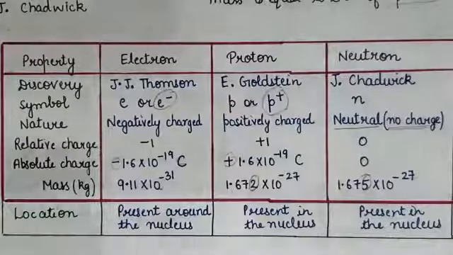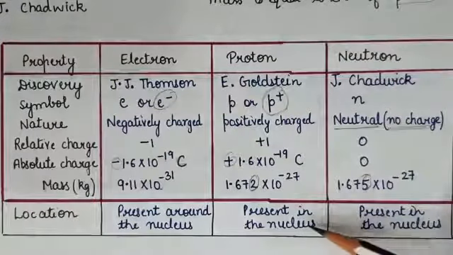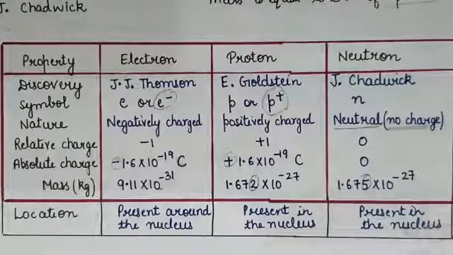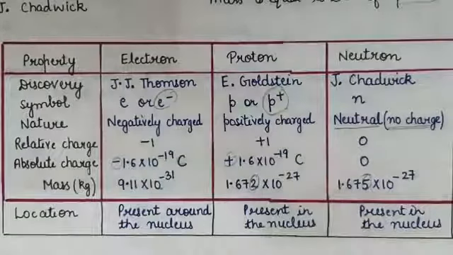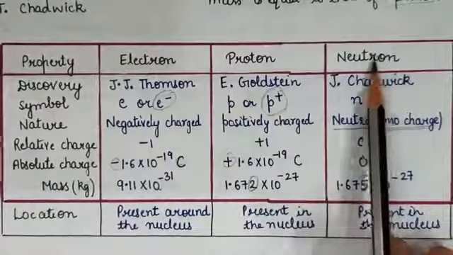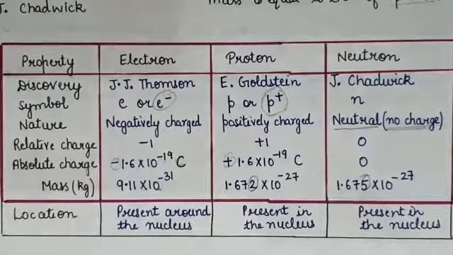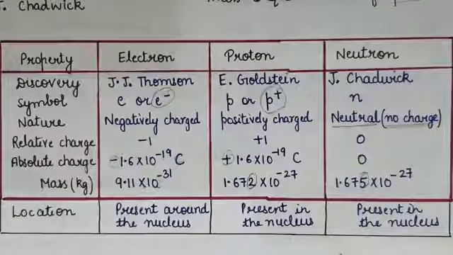Proton is present inside the nucleus. And neutron is also present inside the nucleus. Proton and neutron are present inside, and electron revolves outside the nucleus. Clear? So you can make this table in your notebook also.